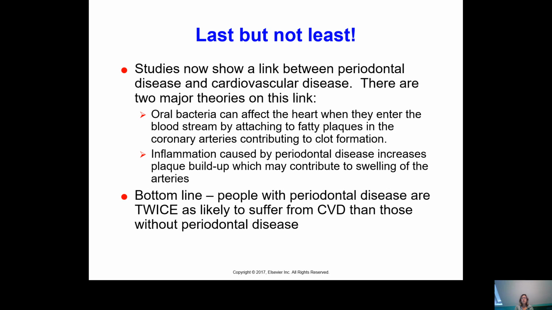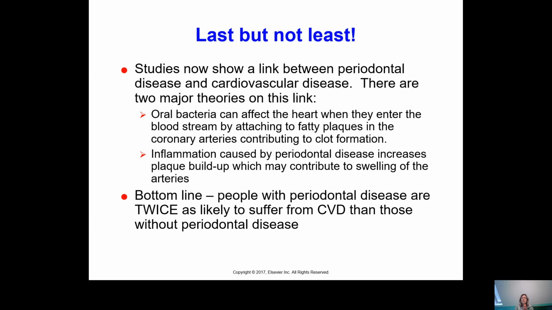There are two major theories on this link. One is that oral bacteria can affect the heart when they enter the bloodstream by attaching to fatty plaques in the coronary arteries, contributing to clot formation. And the other is that inflammation caused by periodontal disease increases plaque buildup, which may contribute to swelling of the arteries.